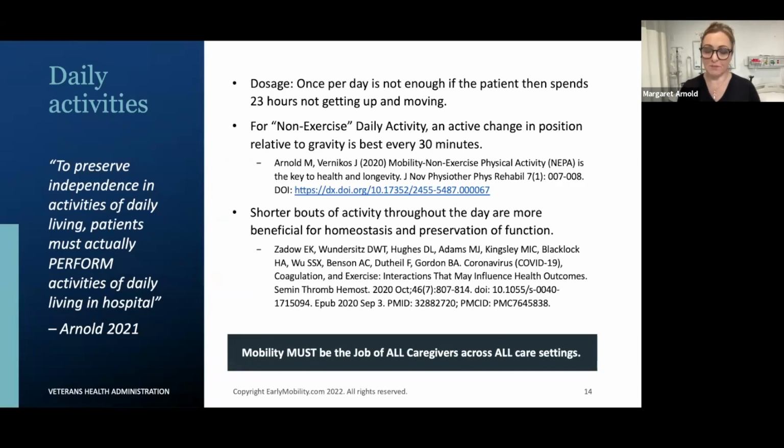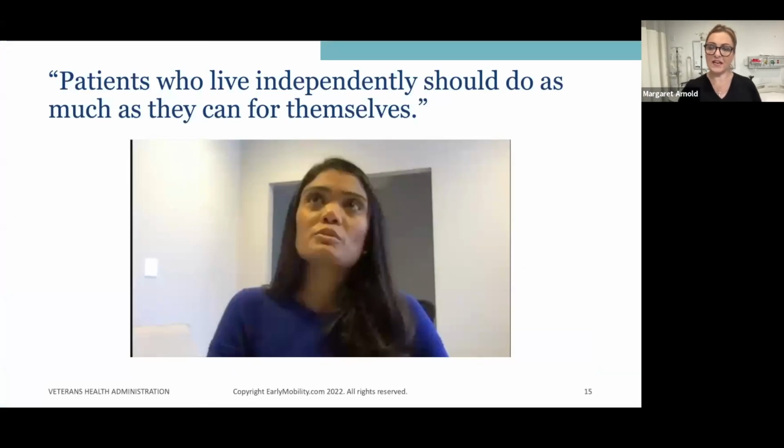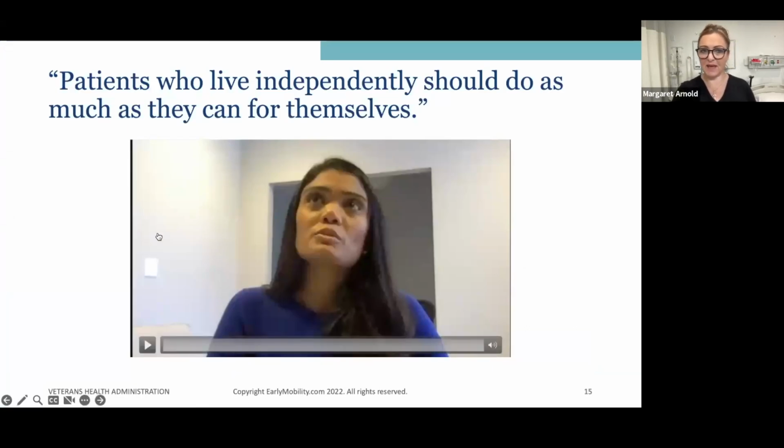We know that shorter bouts of activity are more effective throughout the day than just once a day if we're looking at homeostasis and normal regulation of function. Mobility must be the job of all caregivers across all care settings. So we're going to hear from our interdisciplinary team members about interdisciplinary daily mobility.